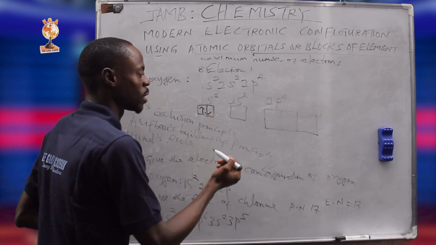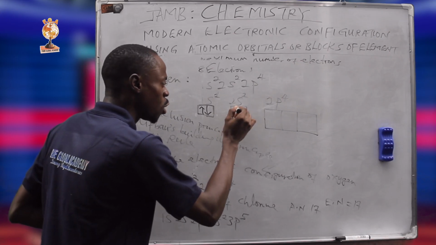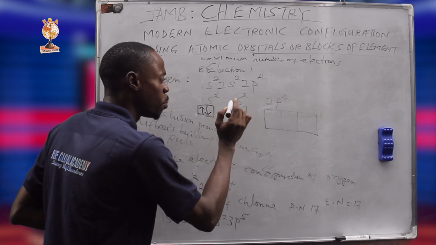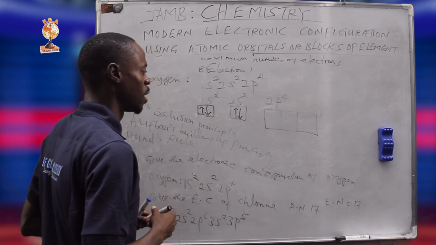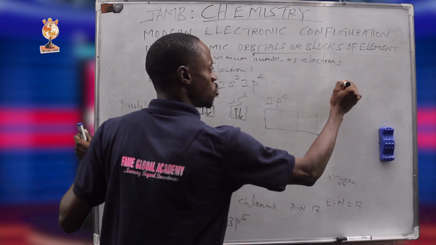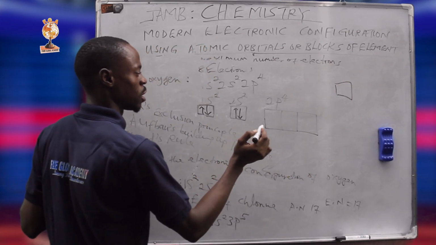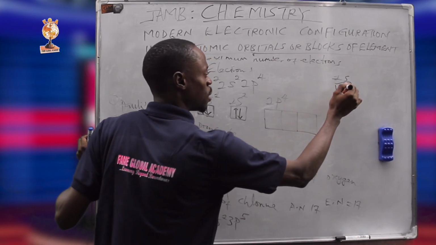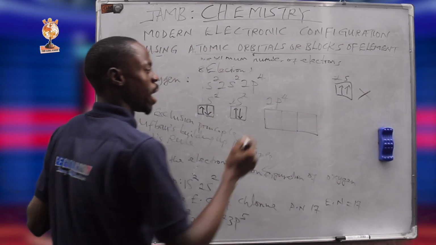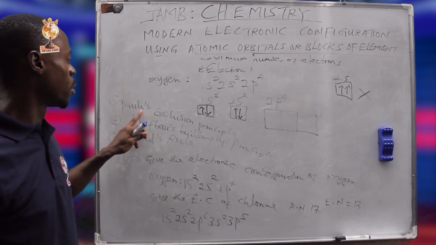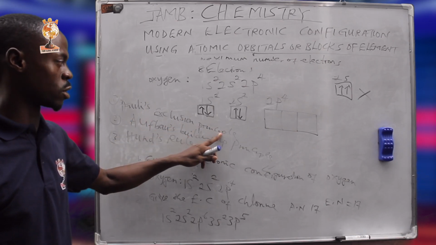Now look at this orbital 2s2. Do not put more than two electrons into the same orbital but with opposite spin. Let me correct something. Let's assume that a student has successfully written something like this. This is wrong. Why? The student did not obey Pauli's exclusion principle.